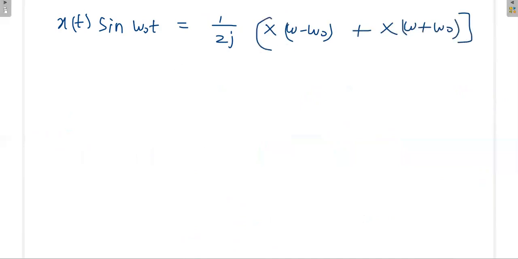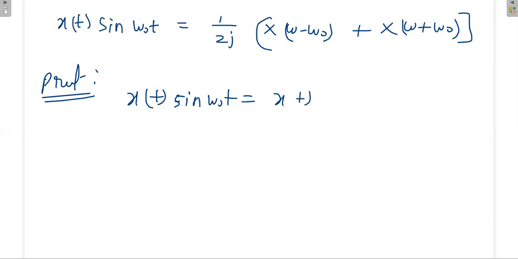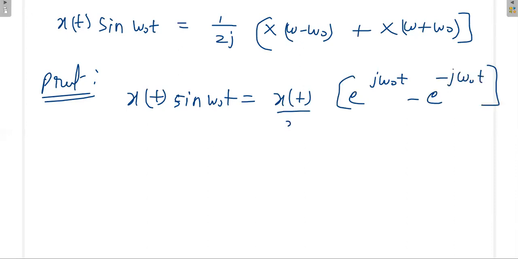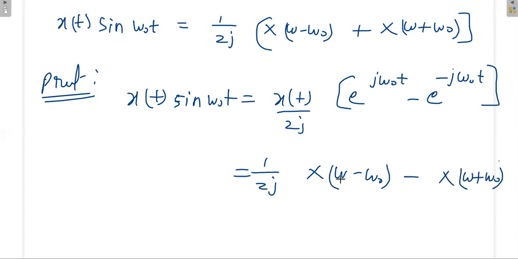In the proof, x(t) sine omega naught t is equal to x(t) [e^(j omega naught t) minus e^(minus j omega naught t)] divided by 2j. So 1 by 2j [X(omega minus omega naught) minus X(omega plus omega naught)].